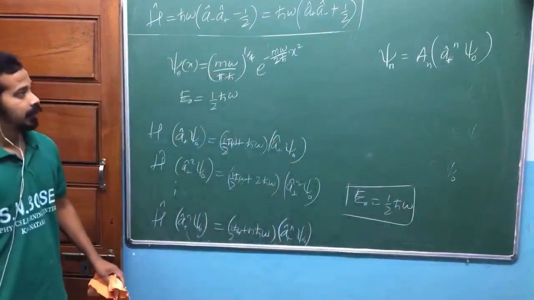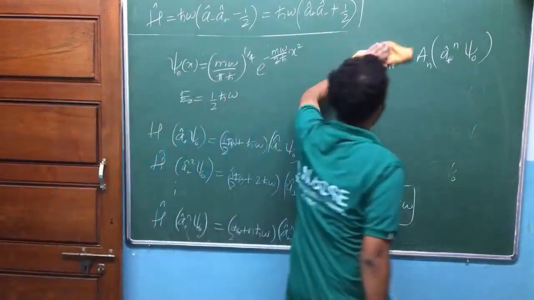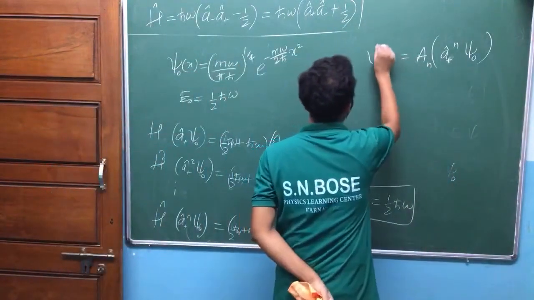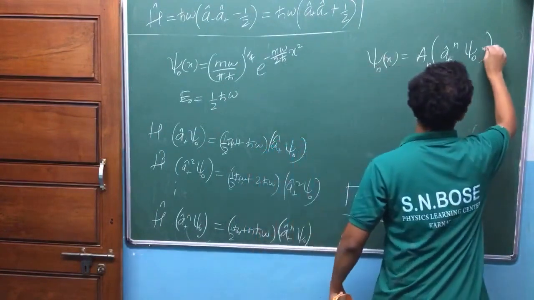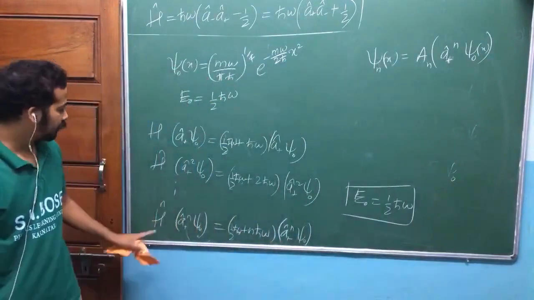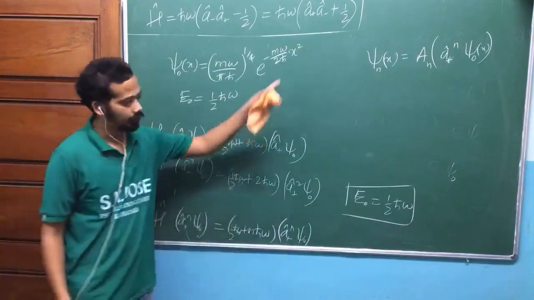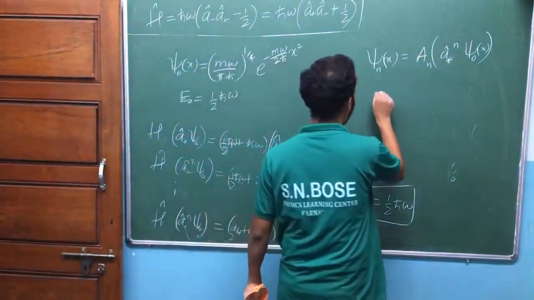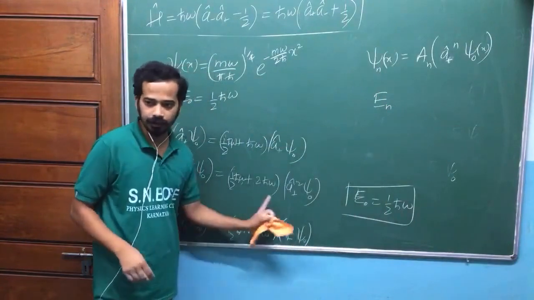You will get the nth state like this, psi n of x is equal to, and the corresponding energy, I call that one the nth energy, which I write as En.